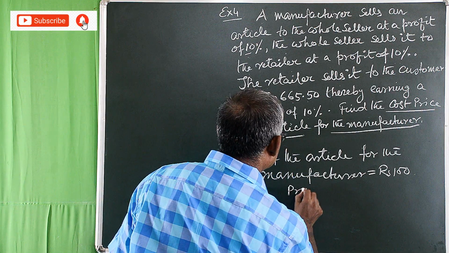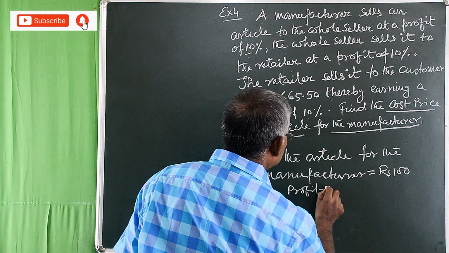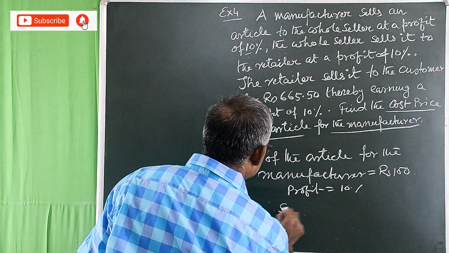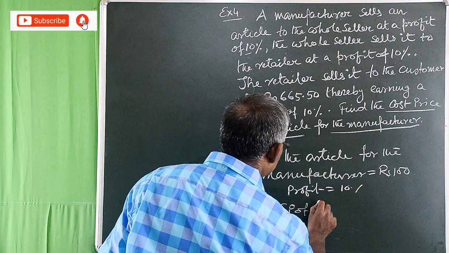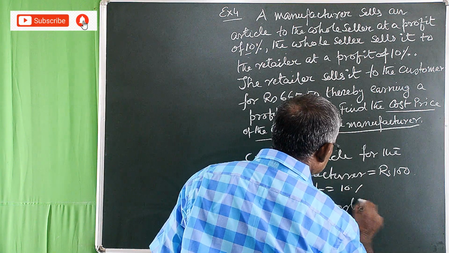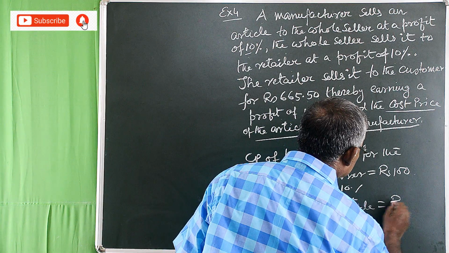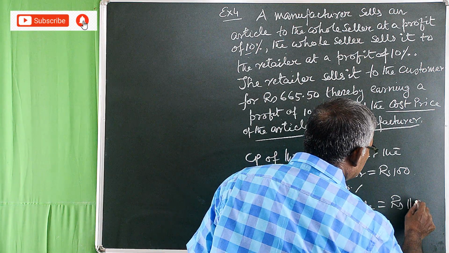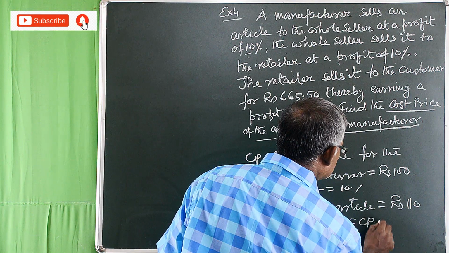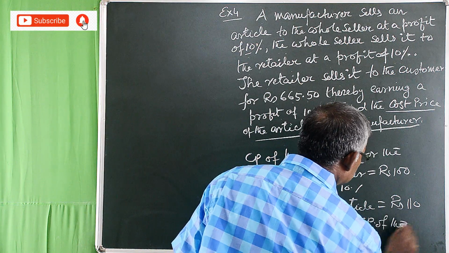Therefore, the selling price of the article equals rupees 110, which equals the cost price of the wholesaler.